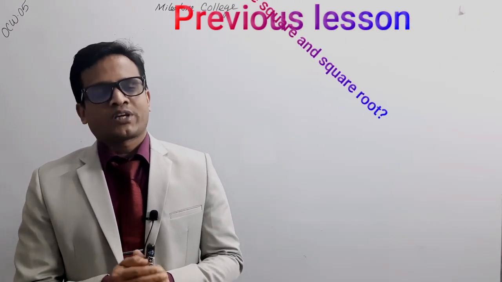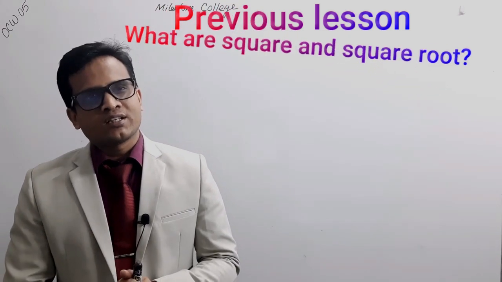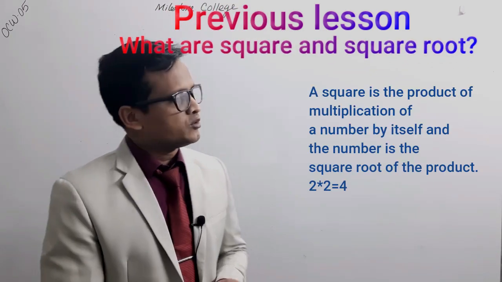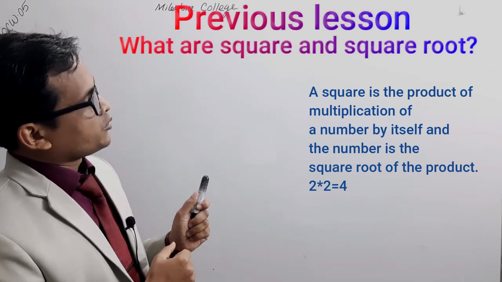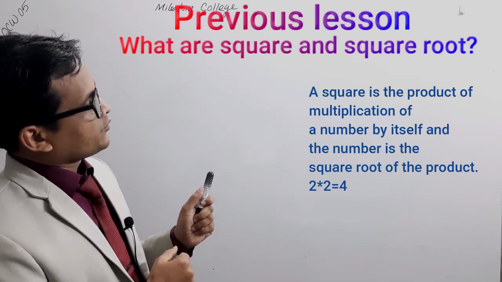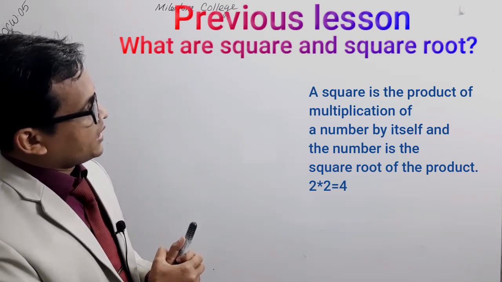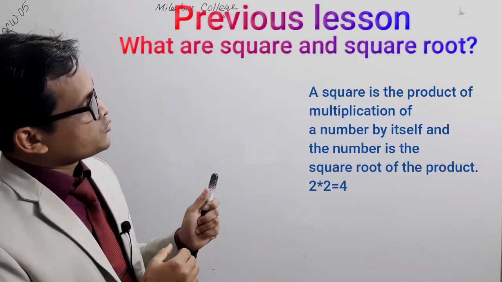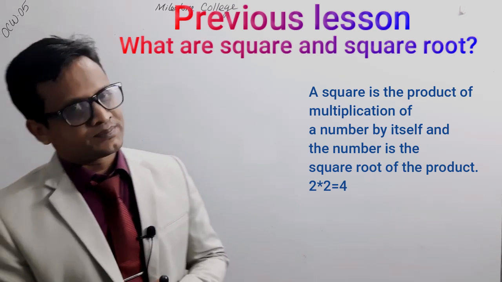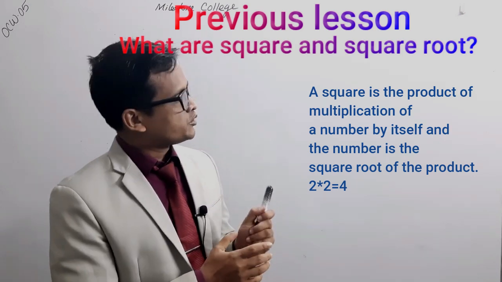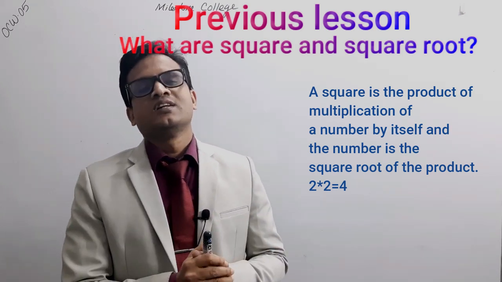Okay, now can you tell what is called square and square root? Now a square is the product of multiplication of a number by itself, and the number is the square root of the product. That means 2 into 2 is equal to 4.